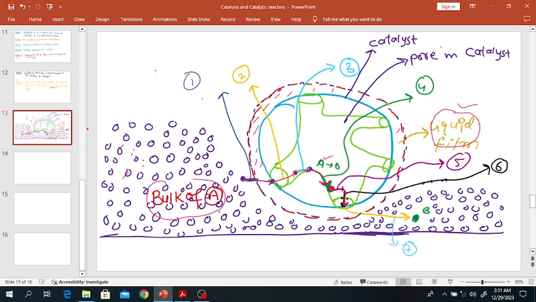This is step number 6. In step number 7, from the surface of the catalyst, the molecule B will transfer to the bulk fluid. This is the bulk fluid and this is component B. So from the surface of the catalyst, B will transfer to the bulk fluid through this layer, which is the liquid film.